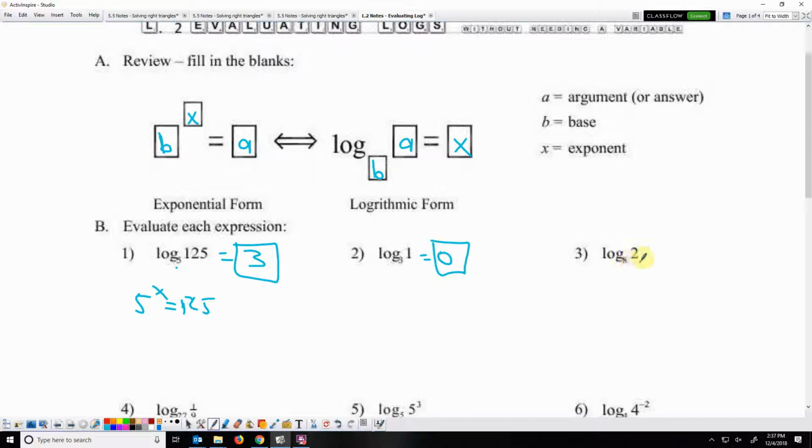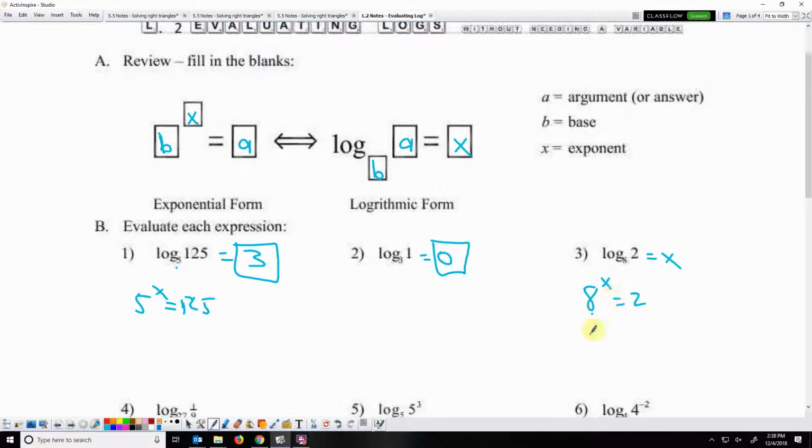Okay, so next is 8 to what power makes 2. For this one, let's try a variable. 8 to what power equals 2. If I put both sides in the same base, I'll be able to find out. So 8 is the same as 2 to the third power.